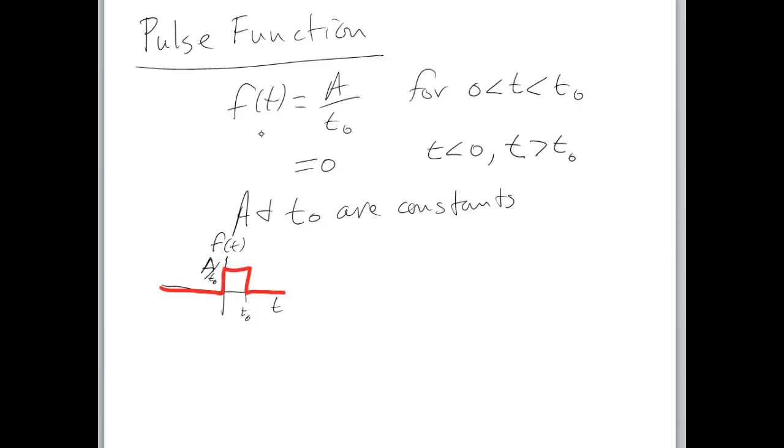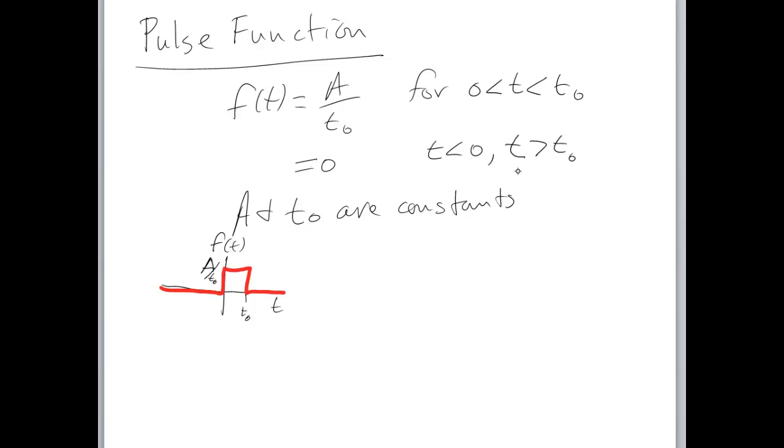Here we have a function f of t, which is equal to some constant a divided by t0, and t0 is where the pulse turns off. And so this function exists when t is greater than 0 but less than t0.